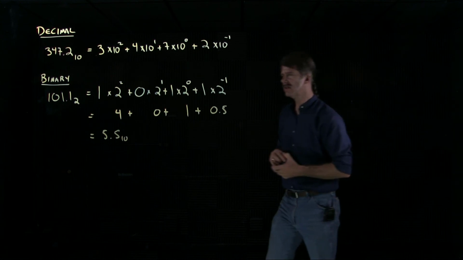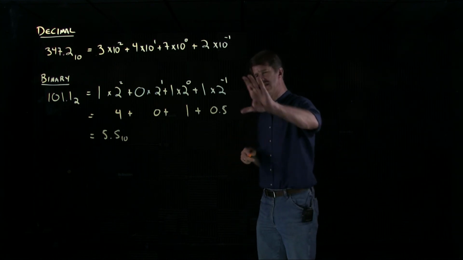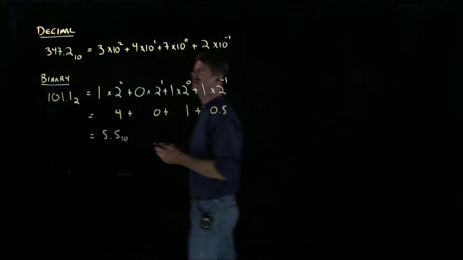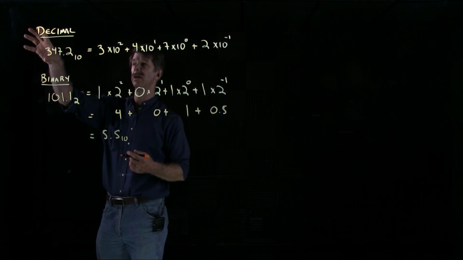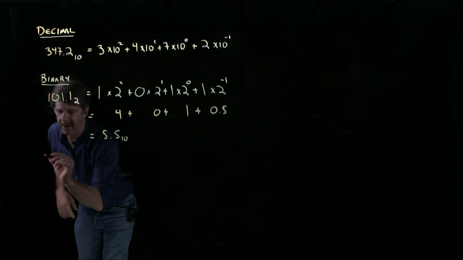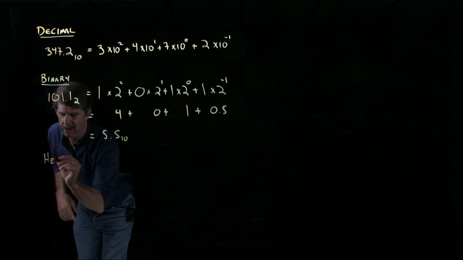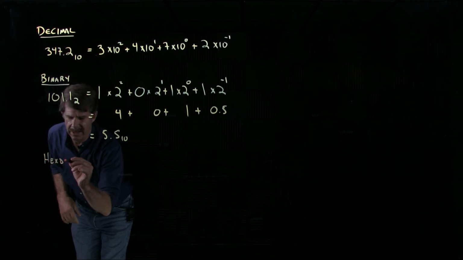The other system we may need occasionally, this is the most important one, is going the other way, using, instead of very few digits, much less than 10, a few digits more than 10. And this is called hexadecimal, which, if you know your Greek, means 16.